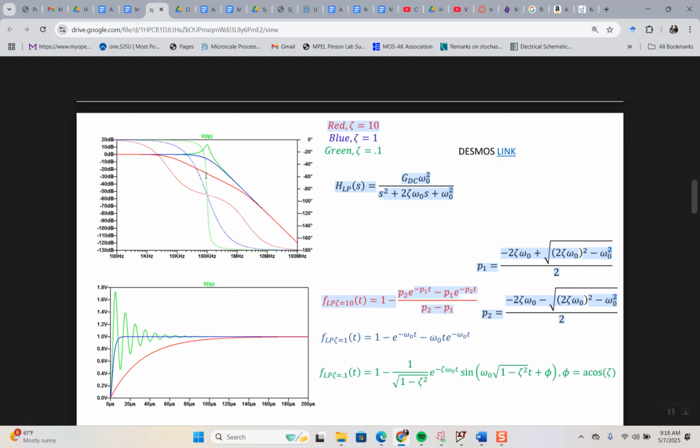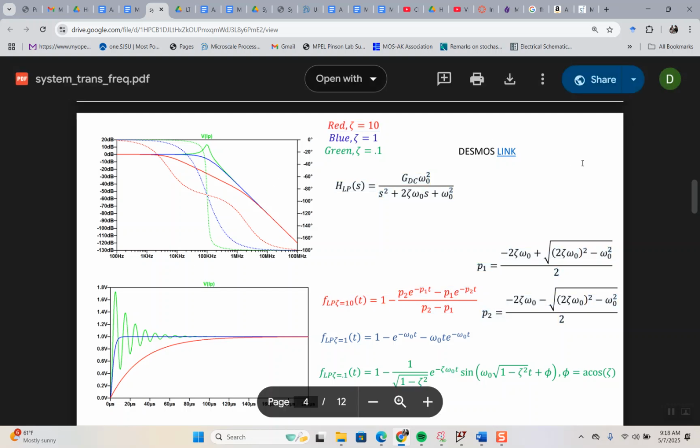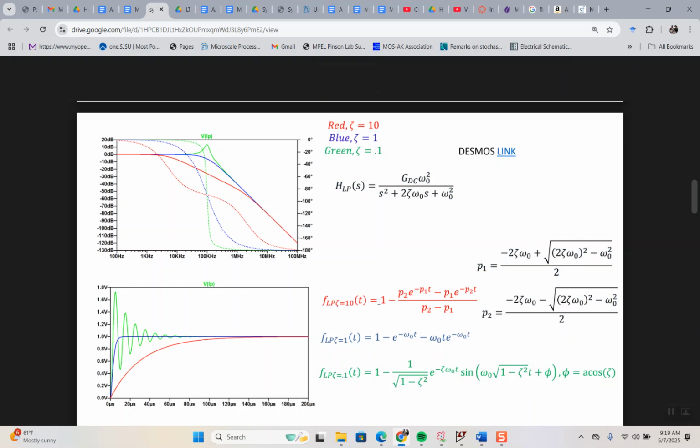Now, when you take the inverse Laplace transform of the step function, you get this equation. So you get 2 decaying exponentials for overdamped, because there's 2 separate real roots. The poles are these numbers here.